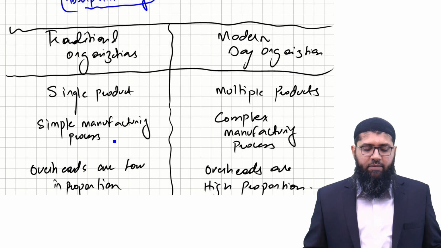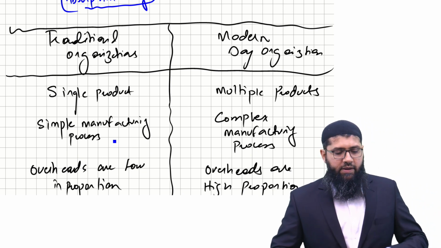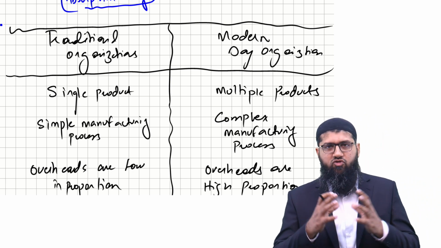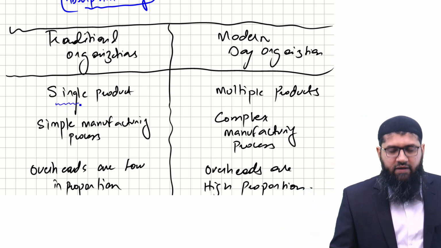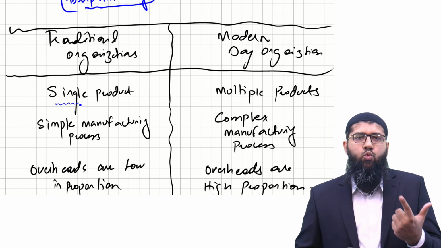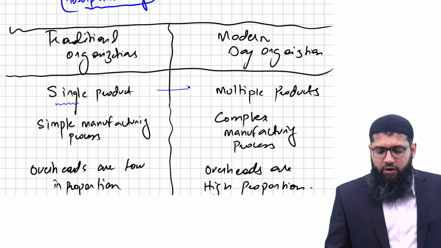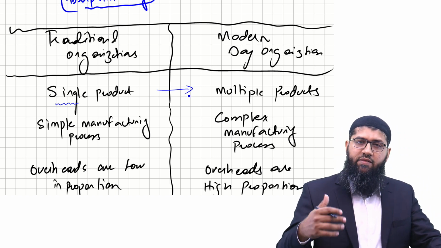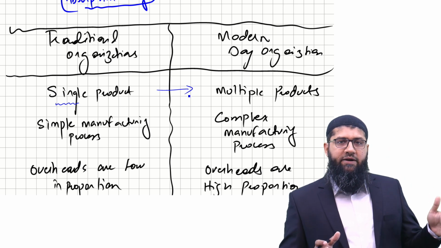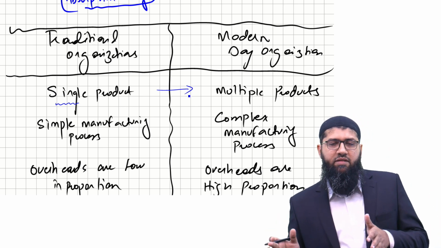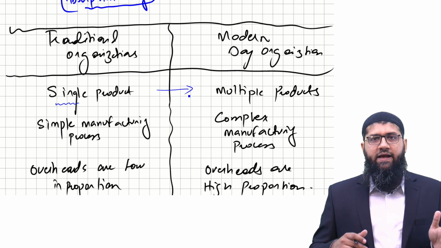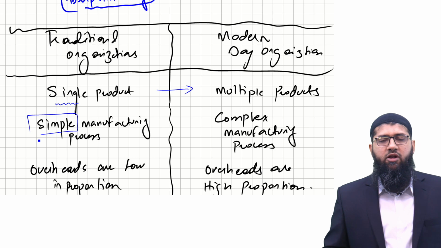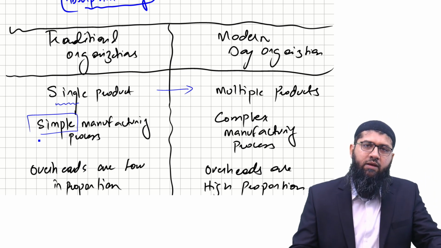Number one: traditional organizations used to have a single product, operating with one single product, whereas modern-day organizations offer multiple products. The second thing is that traditional organizations had simple manufacturing processes, because the products were very simple, not complex.